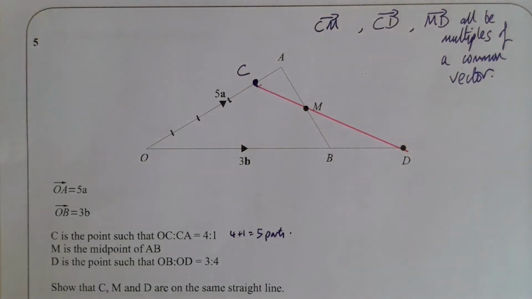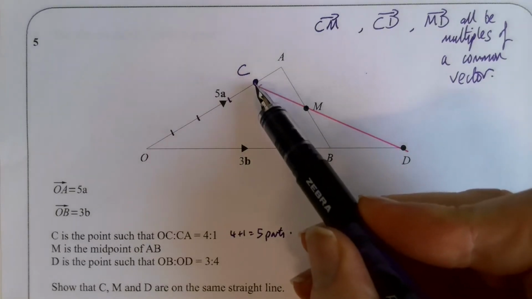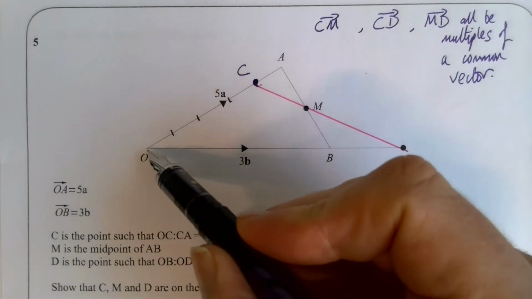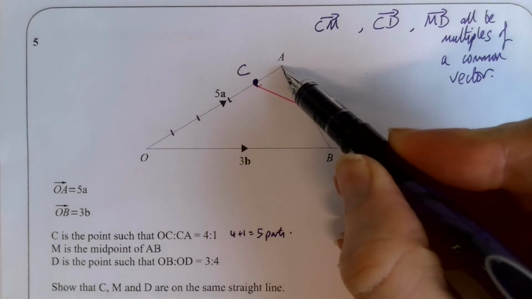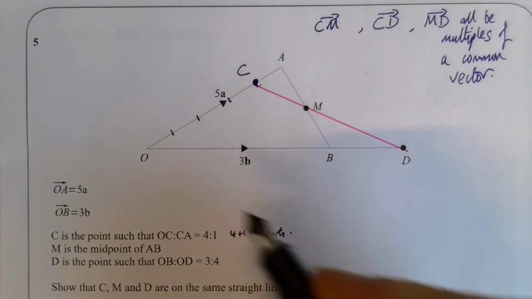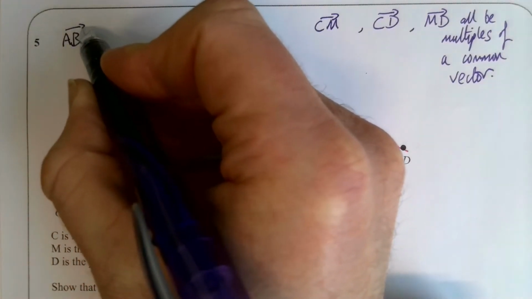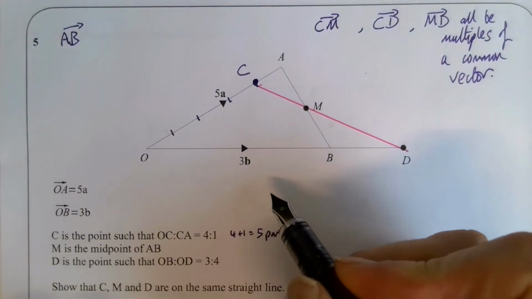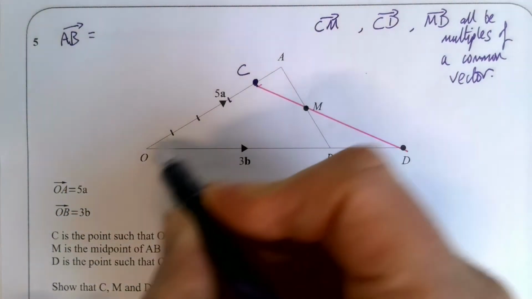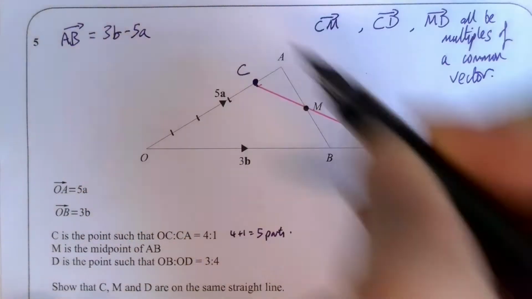But the important thing is to start defining things that we're going to need. So I'm thinking I need to get CM. In order to do that, we're going to need to do A to M, because A to M is easy. We can say first of all that AB is going to be plus 3b minus 5a, so that's 3b take 5a.